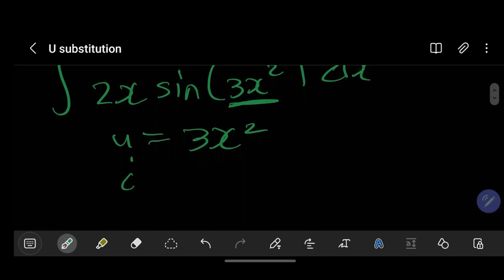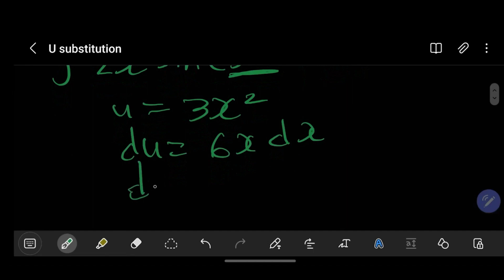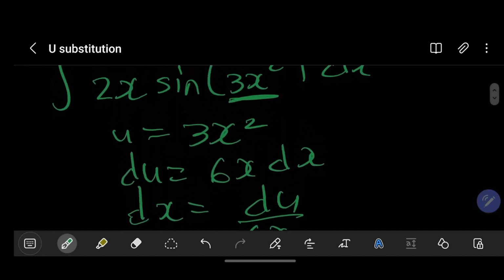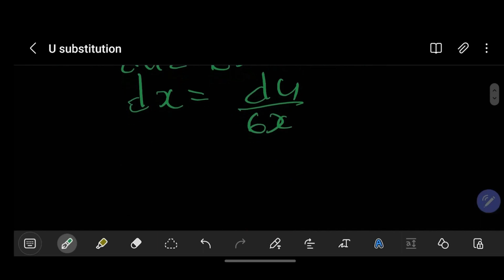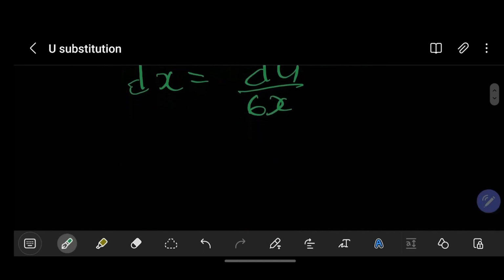So du is equal to 6x dx, and then dx is equal to du over 6x, and at this point we can see that the x's will cancel out, and the 2 and 6 will also be able to divide each other.